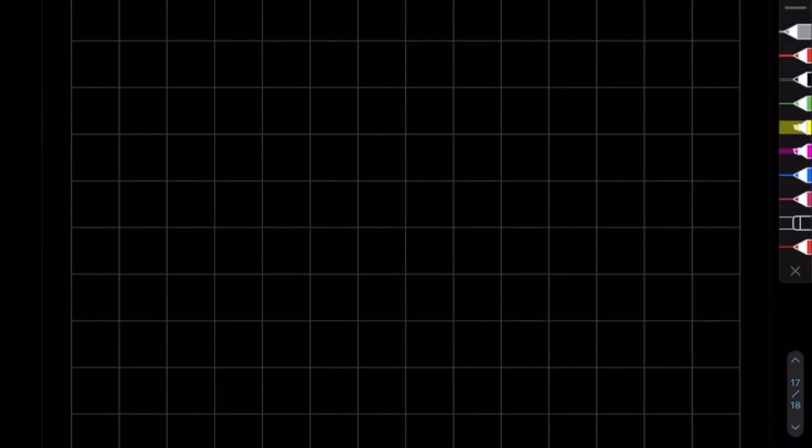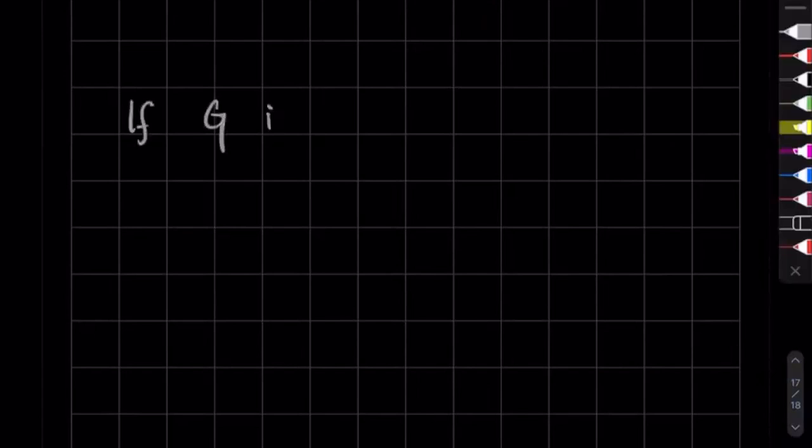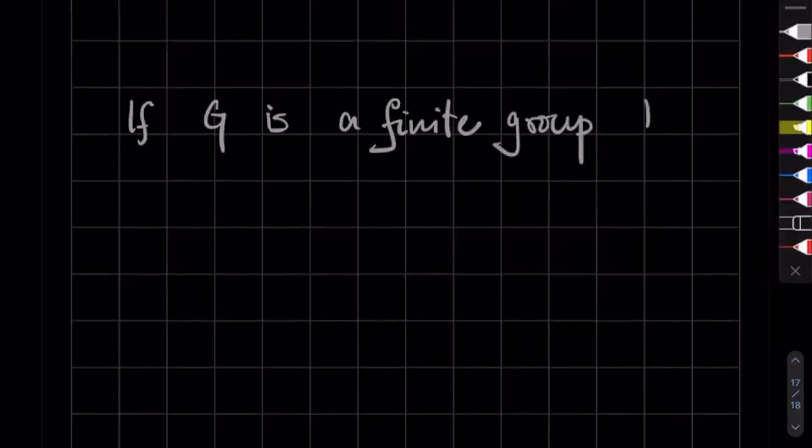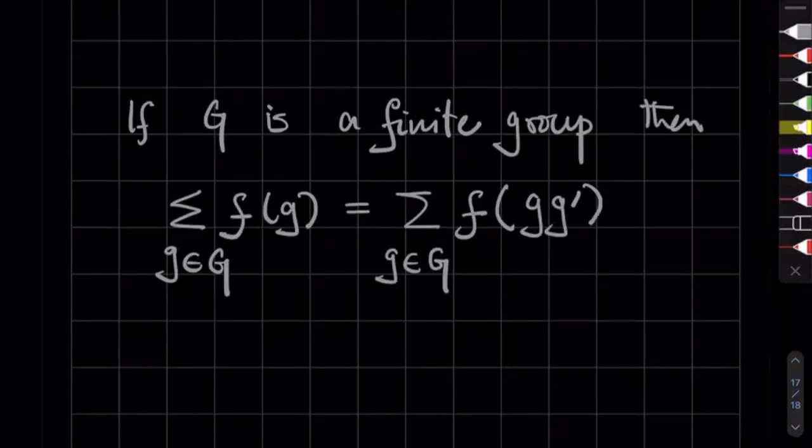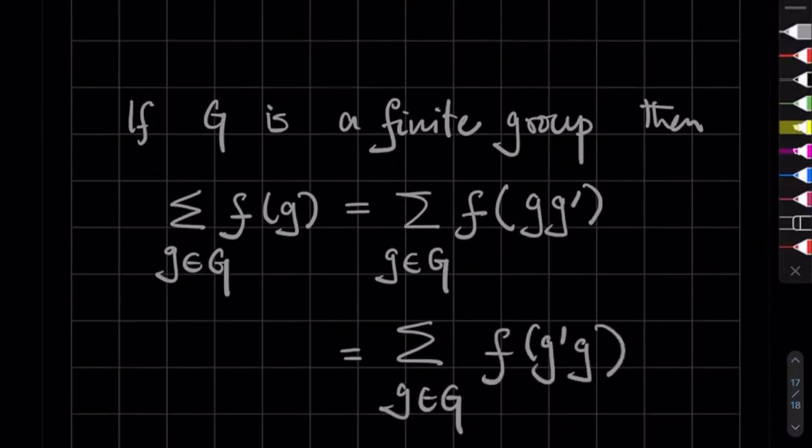And the lemma is that if G is a finite group, so it's a finite discrete group, then if you have any function of the group elements, and if you sum over all the group elements, then that sum is equivalent to the sum over that function where the group element has been right multiplied by a given group element G tilde, or left multiplied by a group element G tilde.